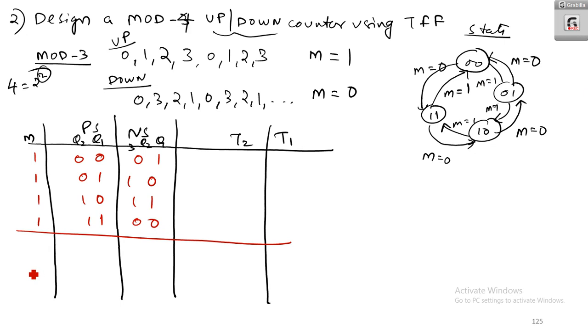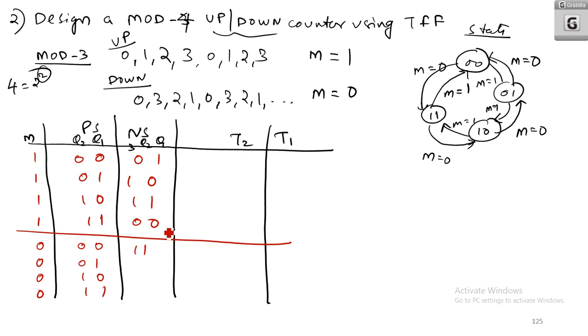Okay. Now I am keeping mode as 0. So if it is 00, next state will be 11. 00, 11, 10, and 11. Now if it is 01, what is the next state?